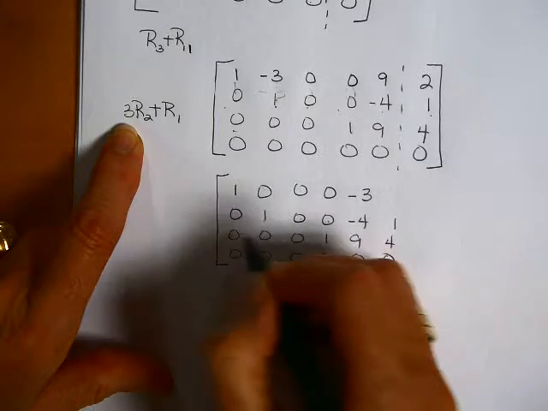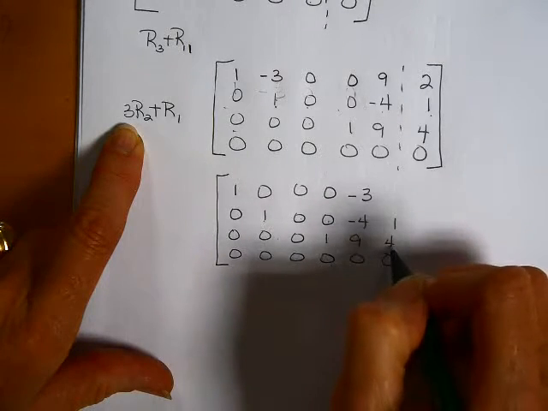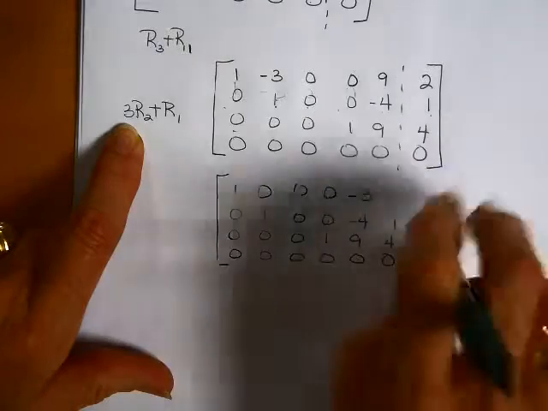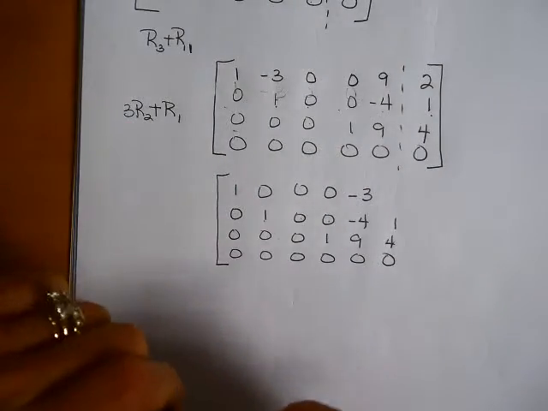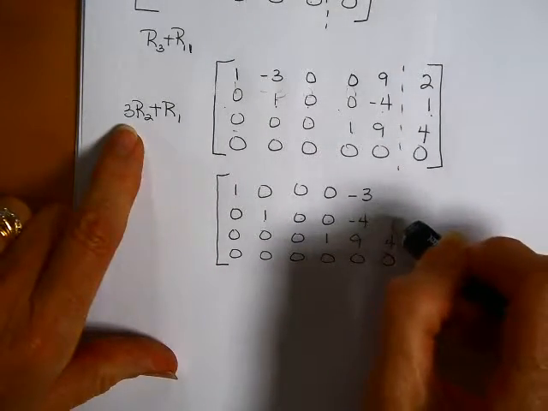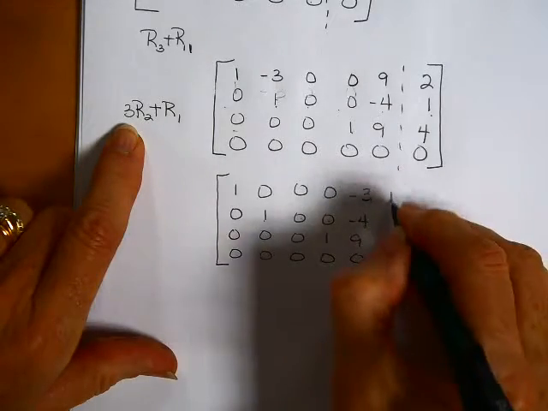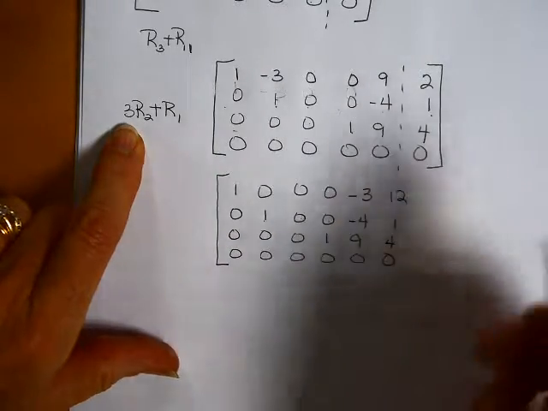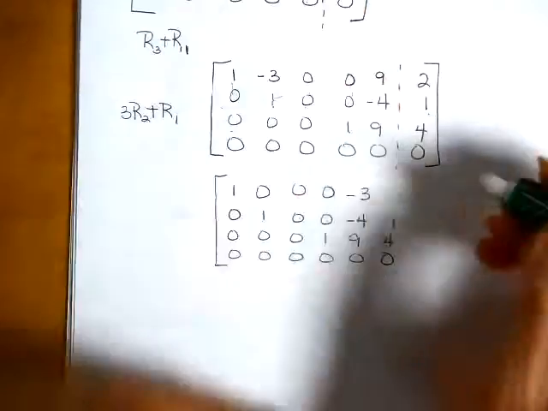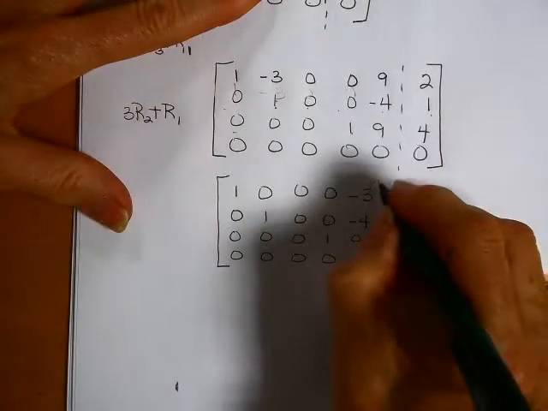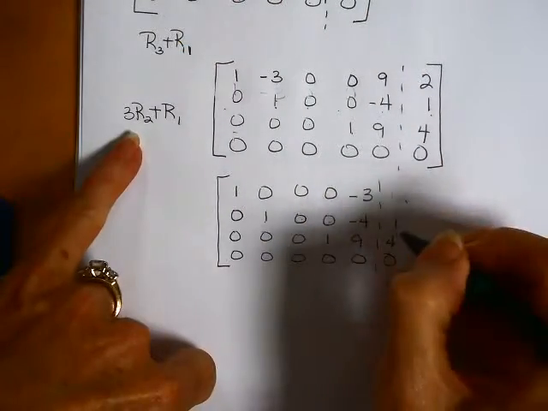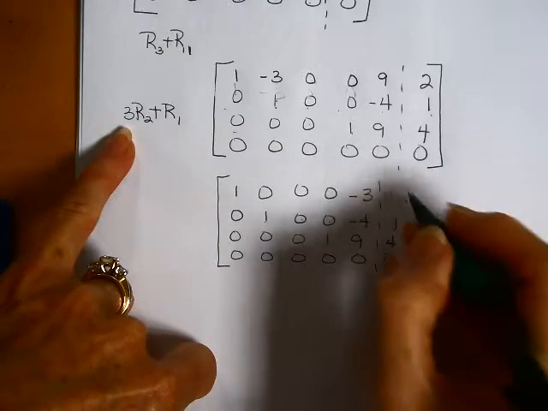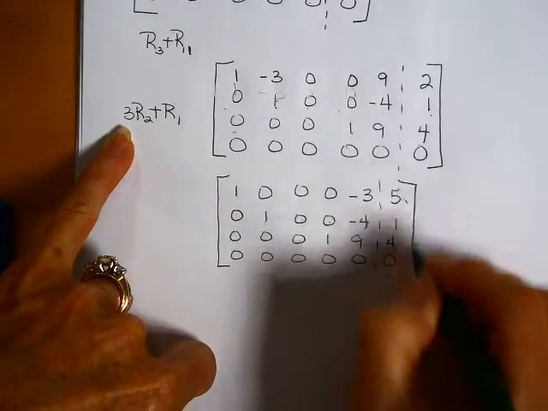Where am I? Oops, did I do the wrong one? Yep. No, row 2. 3 and 9, is that 12? Wait a minute. I got off, sorry. No, it's 2 above that. So that's 3 and 2, which would be 5.